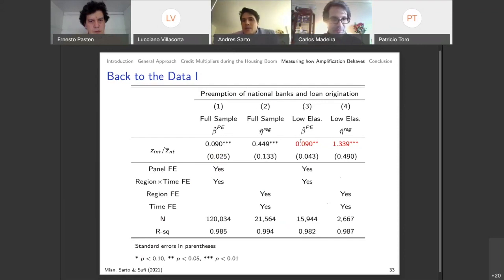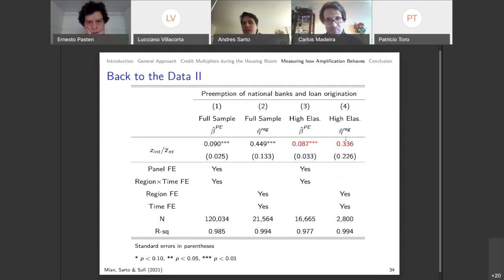When you look at the multiplier now, here we are going from 9 to 45 in the places where we have a very highly inelastic supply curve. We're going from 9 to 133. So the amplification increased tremendously in these places. And if you compare with the high elasticity places, the amplification decreases tremendously.